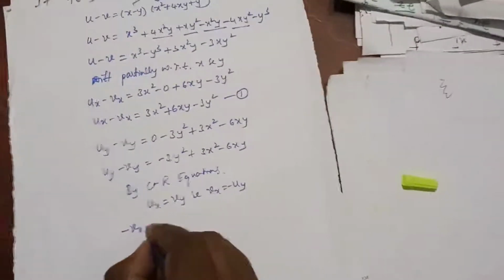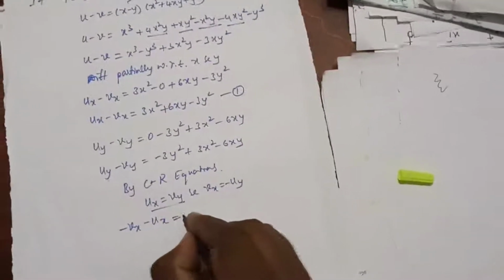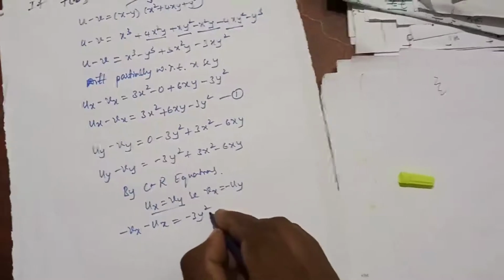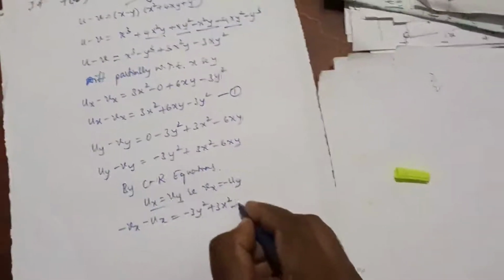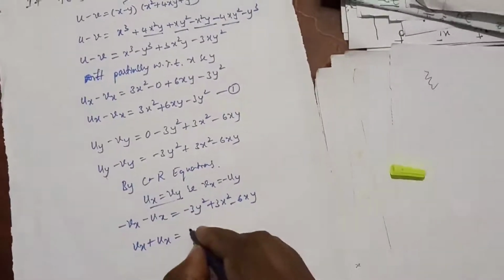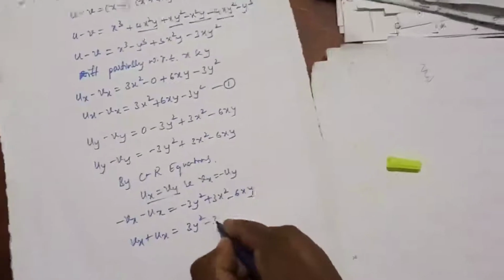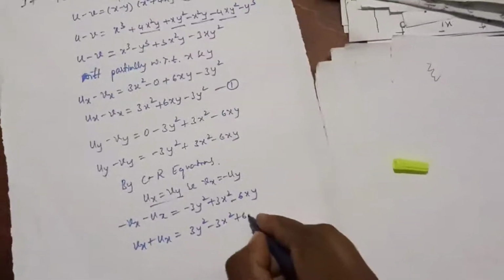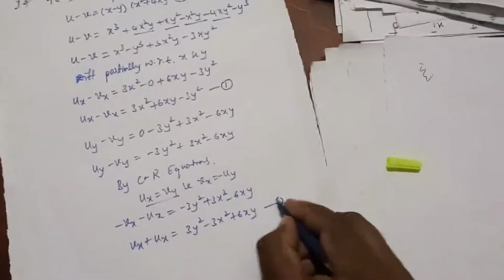So minus vx, in place of vy write ux, minus 3y square plus 3x square minus 6xy. Multiply this with negative sign: vx plus ux equals 3y square minus 3x square plus 6xy. Call it equation number 2.